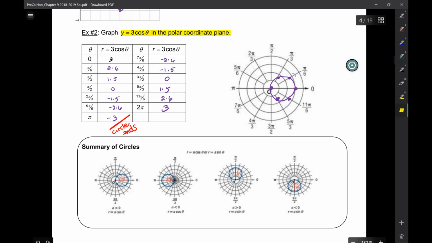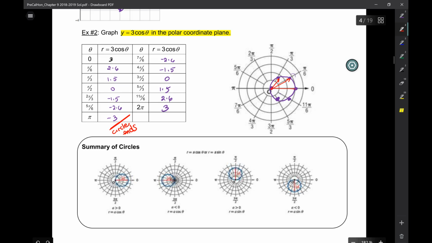So let's think about radii from the pole as theta increases. When theta is 0, the radius is 3, so the radius is right there. And then as theta increases, the radius decreases, and it decreases a little bit more.